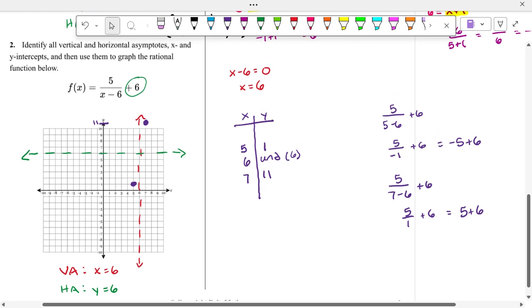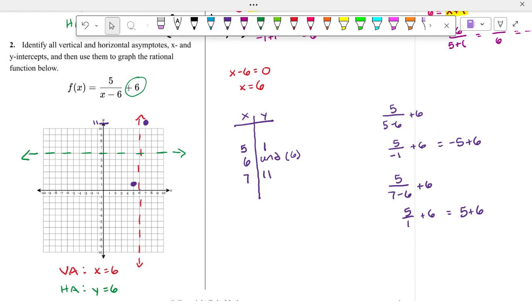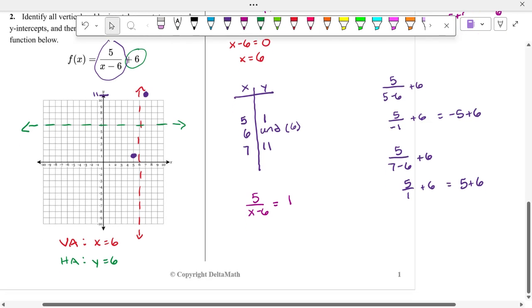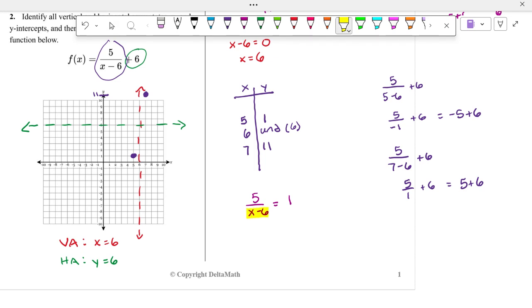Now, I'm going to use my other method to find 2 more points. And so now I want the fraction itself to be equal to 1 and -1 after I evaluate it. So I'm going to do 5 over x minus 6, and I want it to equal 1 first. So if I want that fraction to equal 1 after I evaluate it, what value should I have x minus 6 equal to? 5.